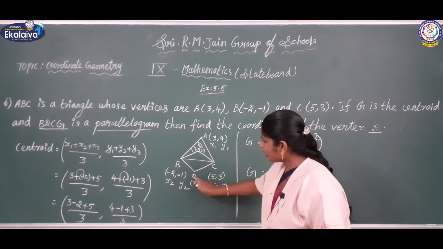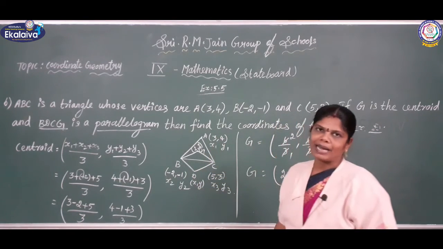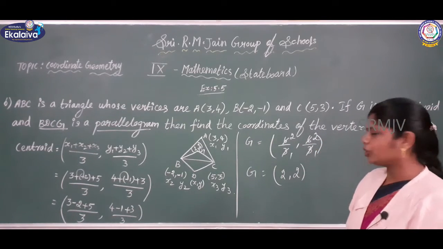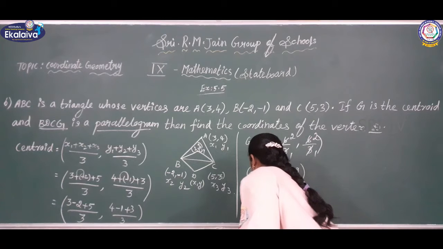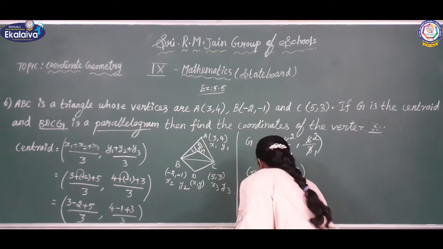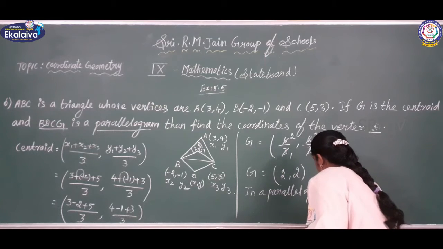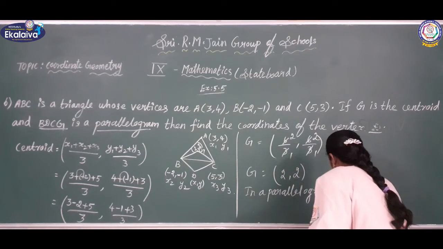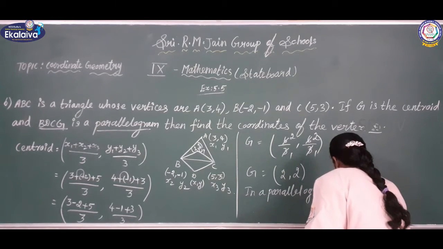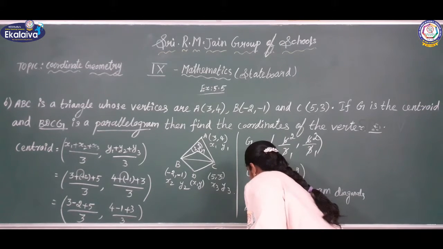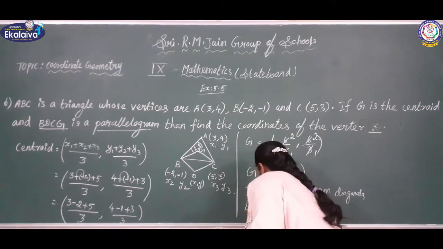Okay. So BDCG is a parallelogram. In a parallelogram the diagonals bisect each other. Okay. So in a parallelogram diagonals bisect each other.